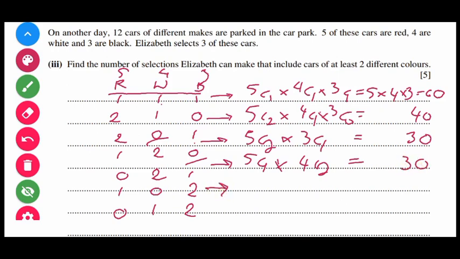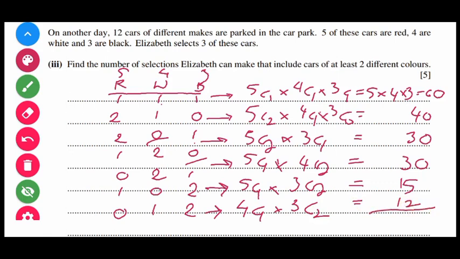In this case, 5C1 into 3C2. 3C2 is 3, no? So it is 15. Here red is not there. So 4C1 into 3C2, which is 4 into 3, 12.